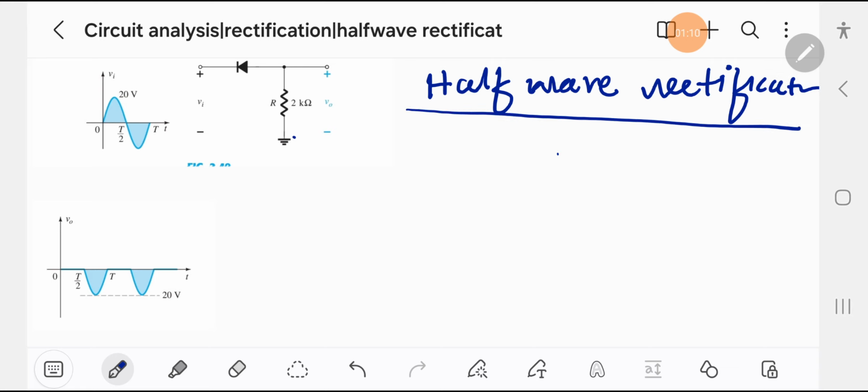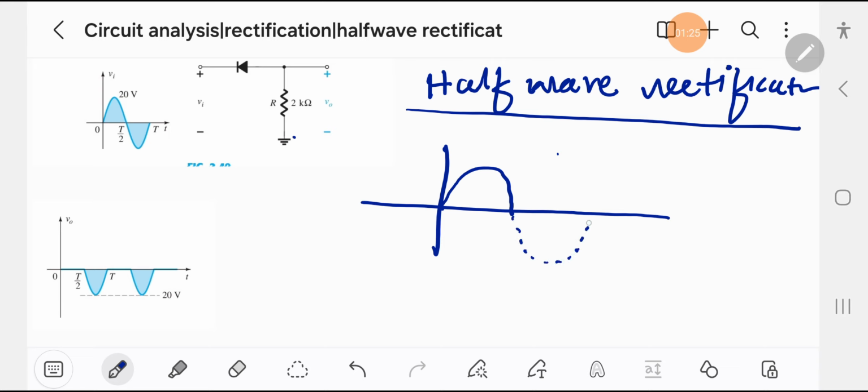In half wave rectification we are going to remove half of the signal. Half wave rectification is actually a process of removing one half of the signal to establish a DC level.